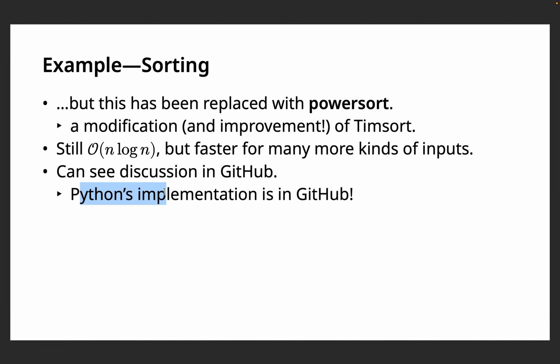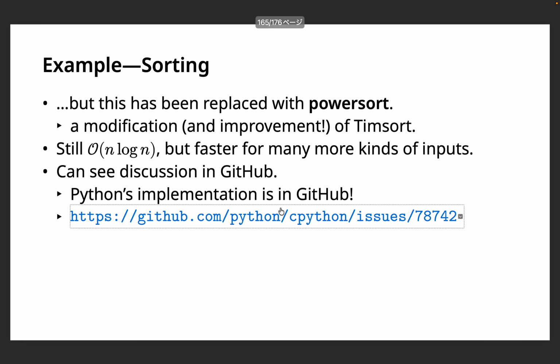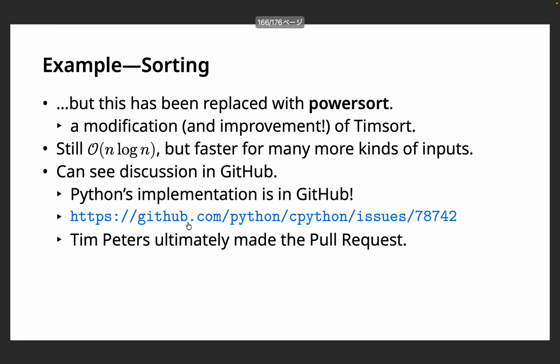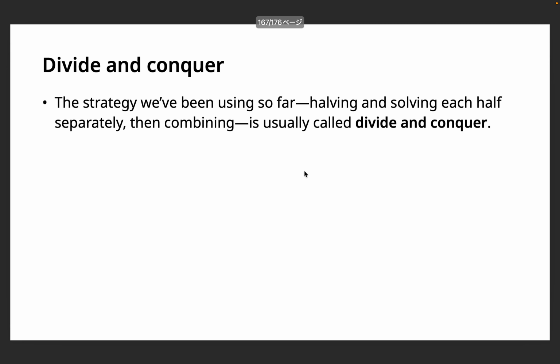And yeah, Python's implementation is actually on GitHub. The way people made Python as a language is available on the web. So you can look at this link over here to see that the same person who made timsort also made the main suggestions and implementation for powersort over here.